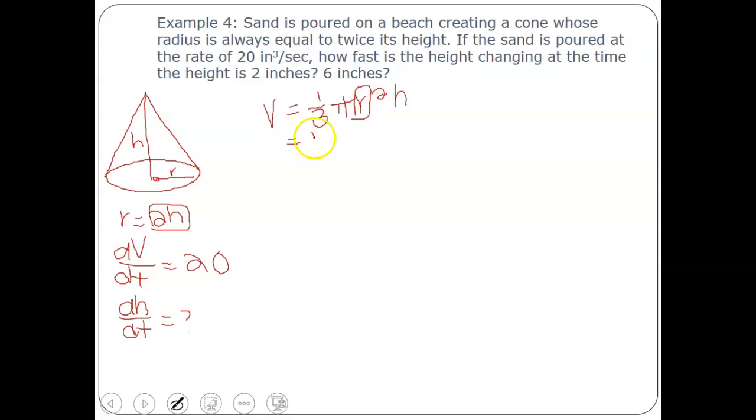R is 2h, so we're going to replace the R. So this is 1/3 pi, R gets replaced with 2h squared, times h. 2 squared is 4, so we get 4/3 pi h cubed, because h squared times h.